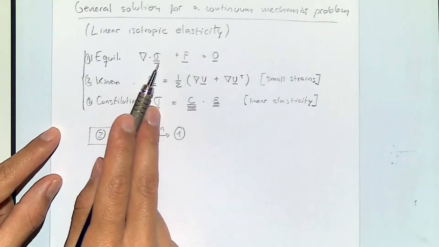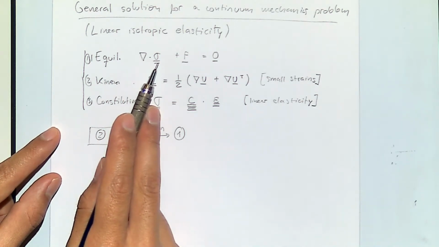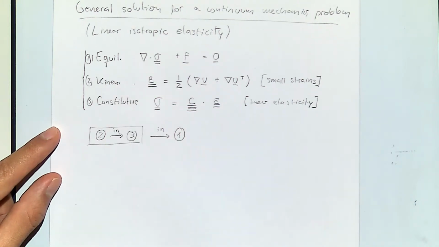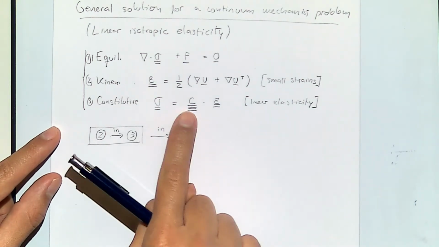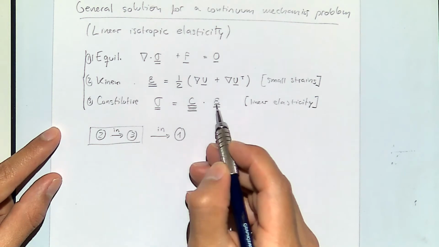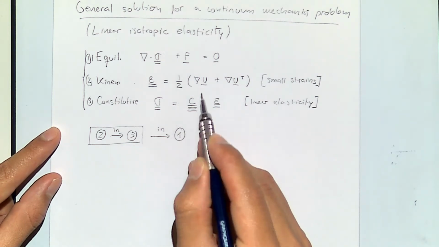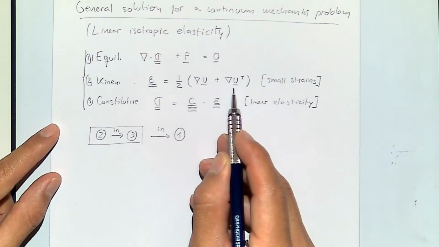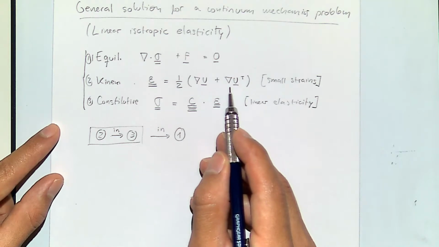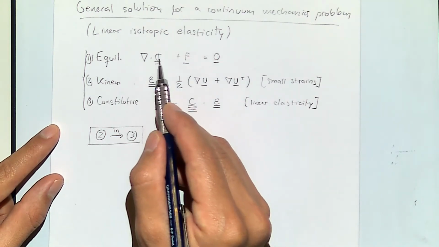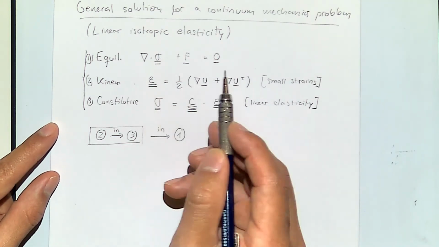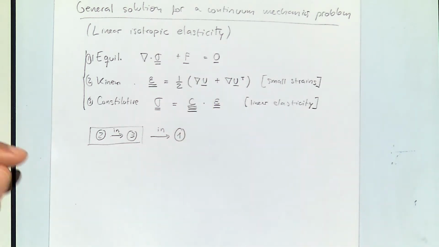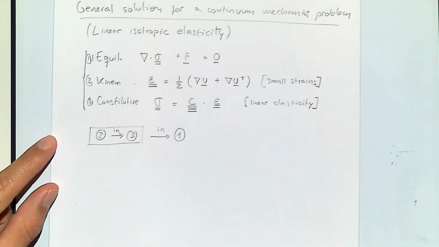As a result, you're going to have an equation that just depends on displacements, right? Because we put this over here, then you will have stiffness times gradients of displacements, and then we put this inside there, and then we have divergence of gradient, and it's going to be an equation just about displacements.